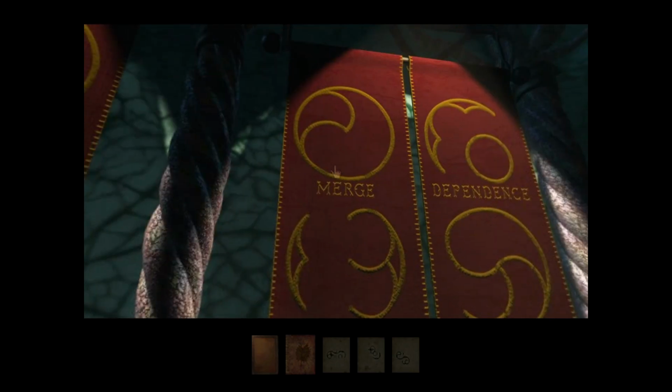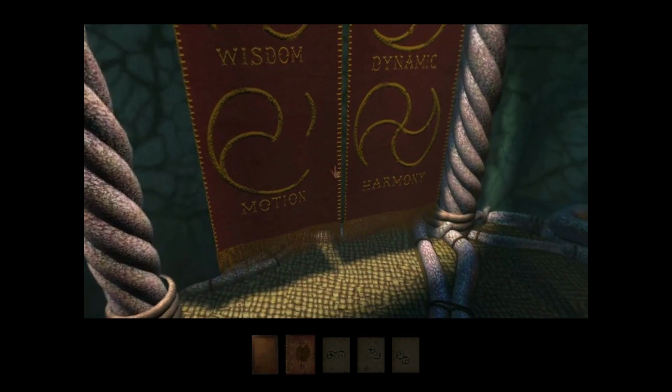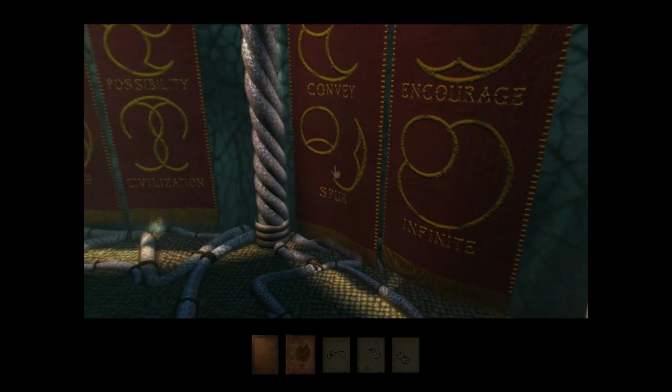Dynamic forces. Spur change. Ah, spur, hello. As long as we're here. It's a little circle with a little horizon in it. Then it's going to be hup, hup, hup, hup. Okay, spur.